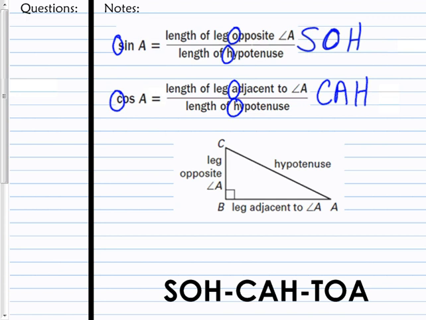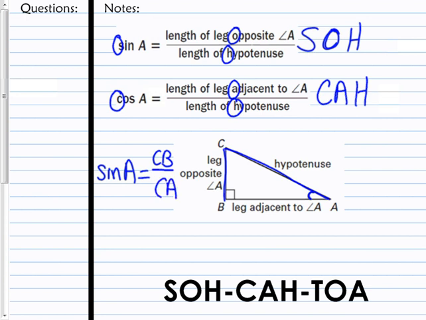So as an example, if I was working with angle A, the sine of angle A is opposite, which would be CB, over hypotenuse, which is CA.